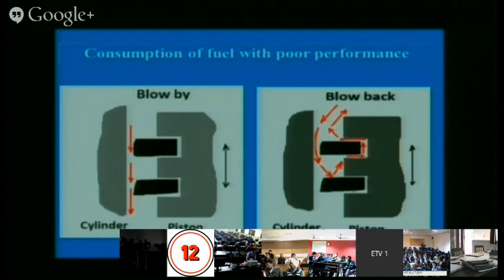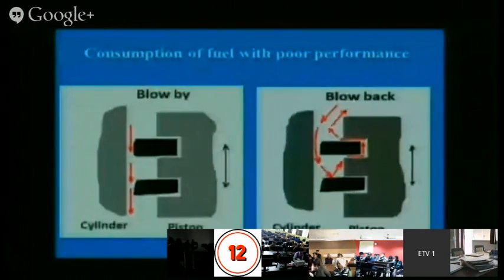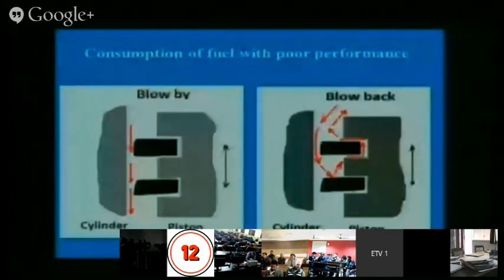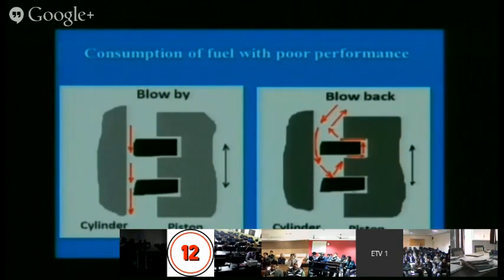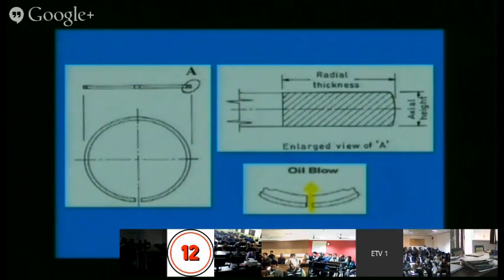And another point is that if gases strike the secondary piston ring, they may follow the path indicated in figure V, and this is called blowback. So blow by is responsible for an inefficient engine, and blowback is responsible for fluttering of the engine, and noise will be there. So proper design of the piston ring is needed.